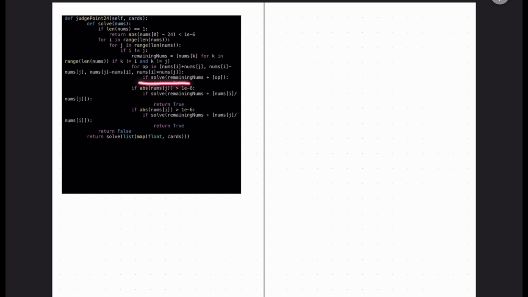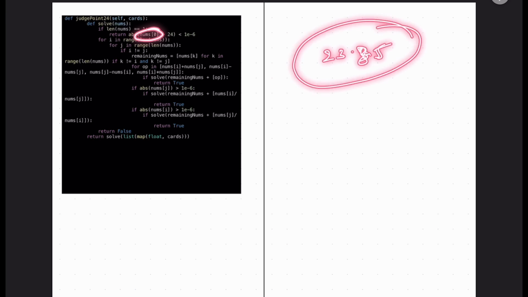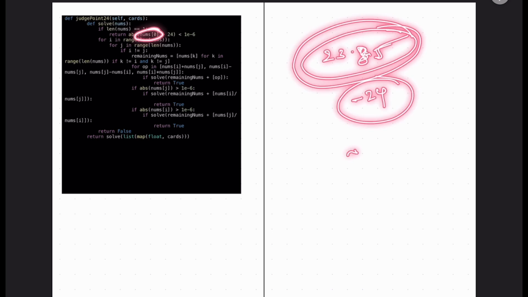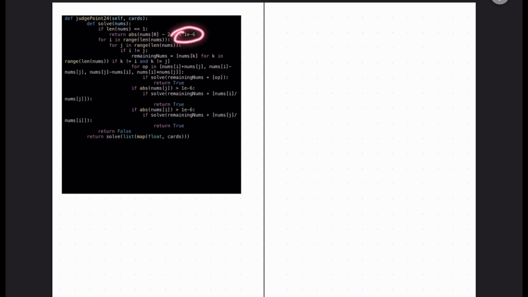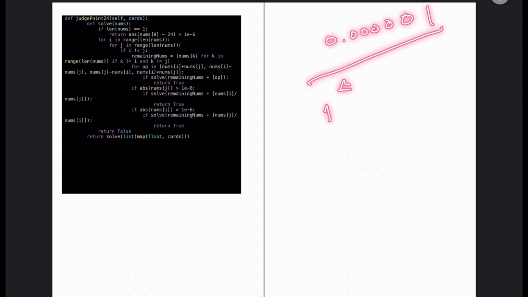Once we have got a result from the remaining recursive approach, we check it. Since it will be a floating number, sometimes it will be 23.35 or something like that. So when you are subtracting 24, if the difference is less than the ignorable value, like 1e to the power of minus 3, that is 0.001, you can ignore it and treat it as equal to 24.